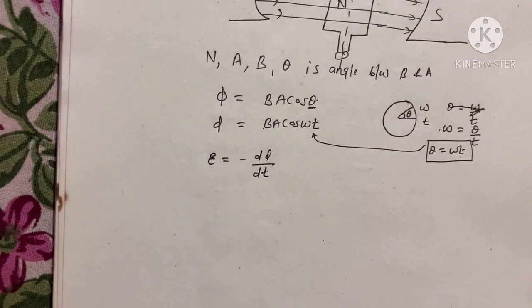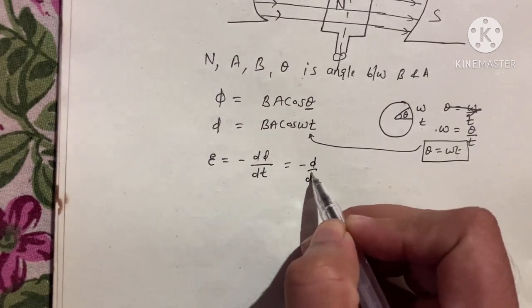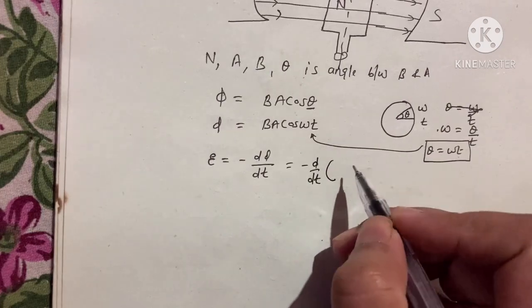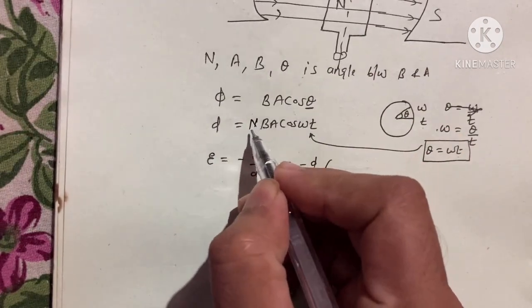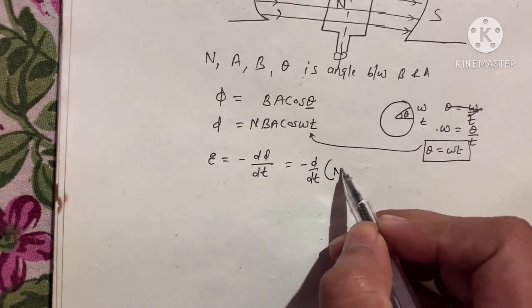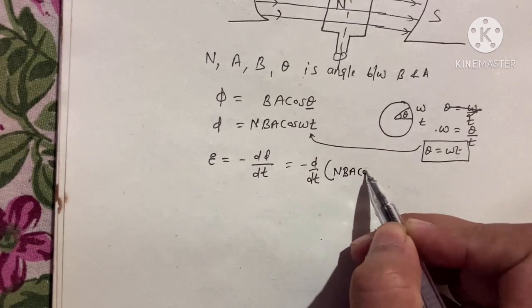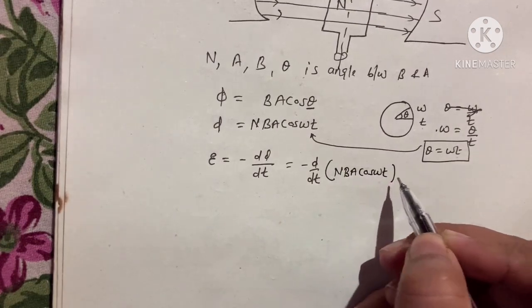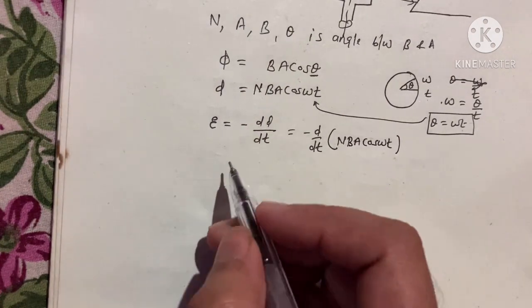So minus d by dt of, and suppose there are n turns in the coil, this becomes n B A cos omega t. This is what you have to differentiate.